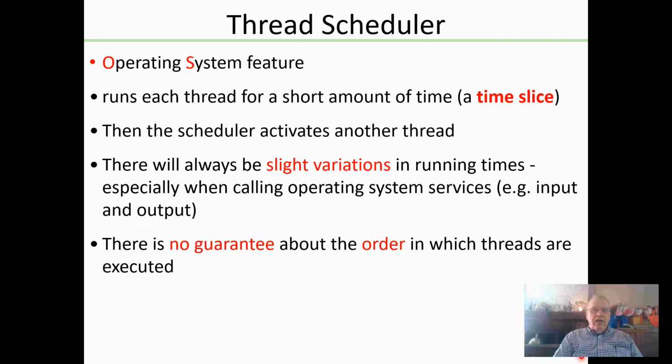And then the scheduler activates another thread, and if it's a single core machine, the thread that's been running will swap out. Because the thread scheduler is an operating system feature, there will always be slight variations in the running times. The operating system might call input and output, so there's no guarantee about the order in which threads are executed.